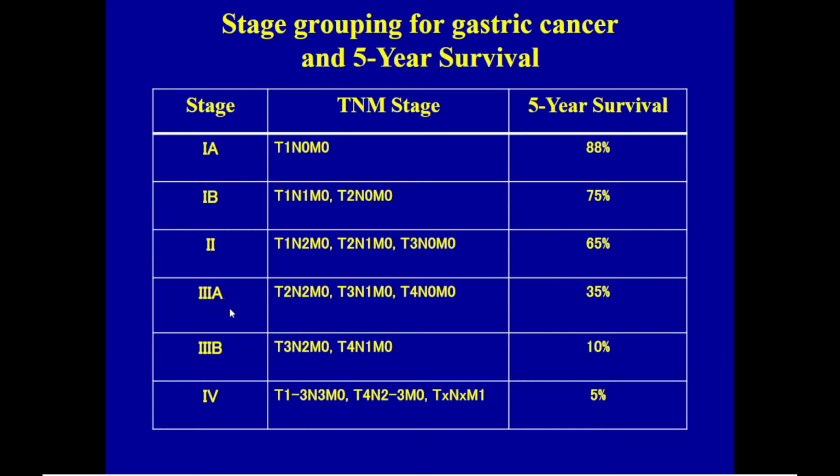Stage 3 is divided into 2 subtypes, A and B: stage 3A 35%, and 3B 10%. And the last is stage 4, where the 5-year survival rate is 5%.